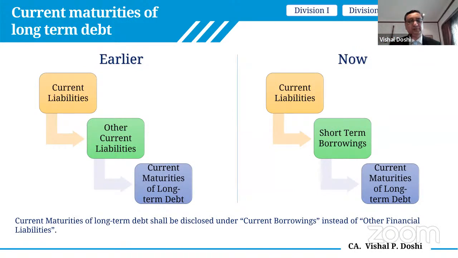But now it is being reclassified as a short-term borrowing, and therefore that might impact some of the ratio calculations which earlier might erroneously have been computed by not considering this current maturities as a part of the debt or short-term borrowings. So that is one thing which the client needs to take care of if they have given any ratios in relation to this amount.